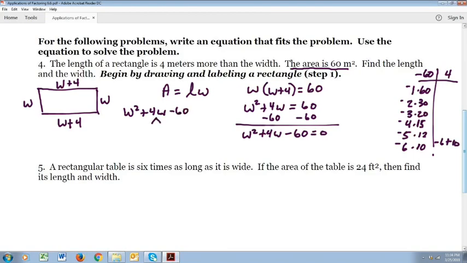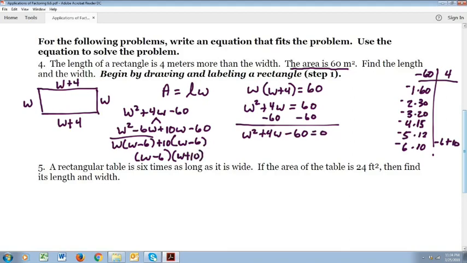So this becomes w squared minus 6w plus 10w minus 60. Let's factor by grouping here. Let's see, we're going to need a 10 here, so plus 10. And so we end up with w minus 6 times w plus 10. So that's our factored form here.